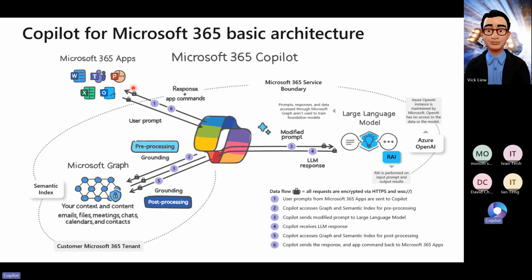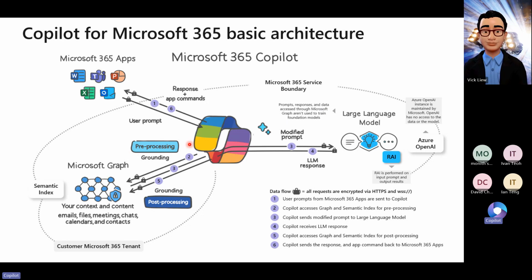And then this command will be sent into the Microsoft Copilot ecosystem here, and then it will pre-process your command, right? To a certain extent, Microsoft Graph, which is one of the key components of Copilot, helps to understand the prompt that you have written.